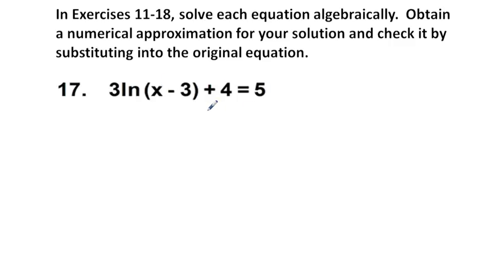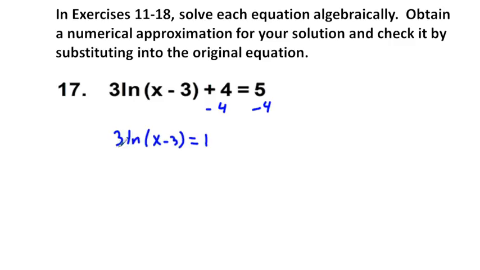So the first thing I'm going to do here is subtract the 4 from both sides of the equation. So we have left 3 natural logarithm of x minus 3 equals 1.